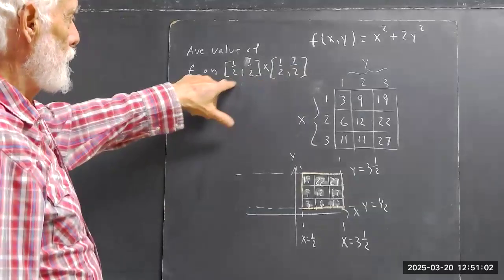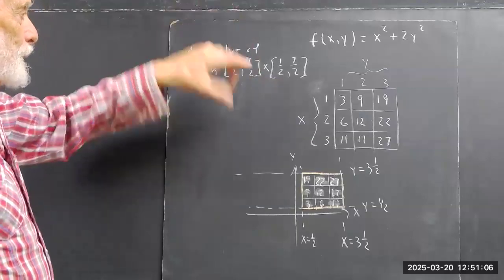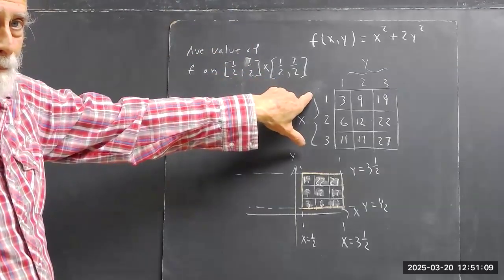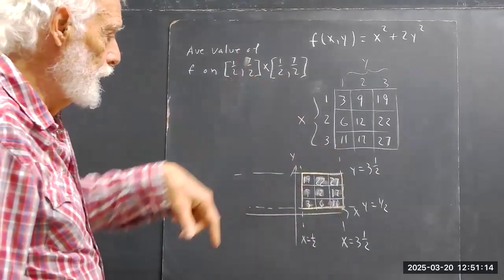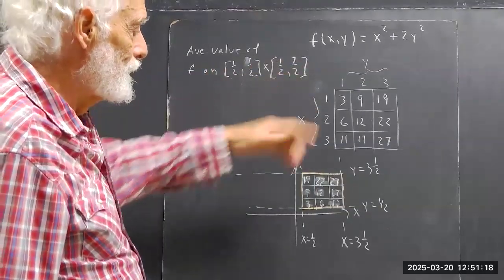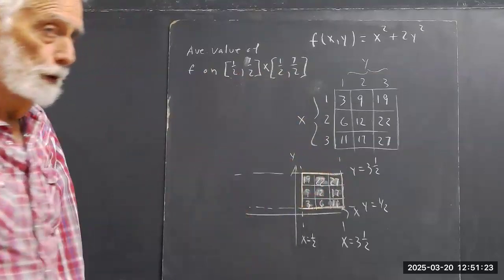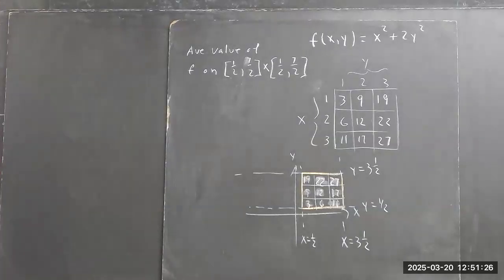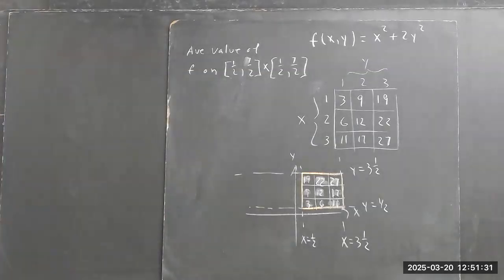I'm just doing the product, cross product if you like, it's not really a cross product, but it's the set product of two intervals. The interval is from 1/2 to 3.5 in the X direction, and 1/2 to 3.5 in the Y direction. So this is just the square that I've drawn. Okay. So what's the average value? How would you get the average value on that rectangle?